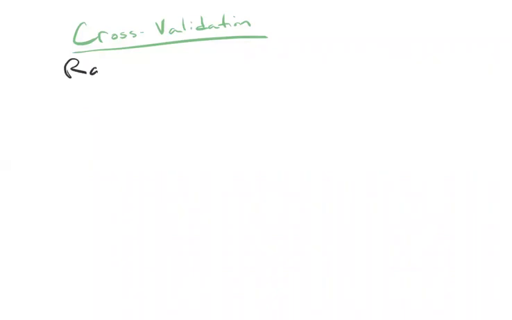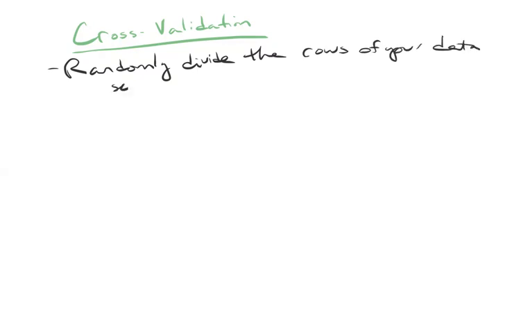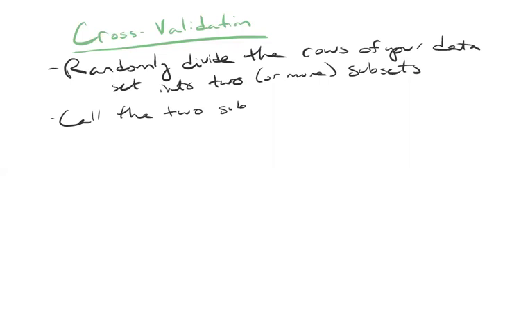You randomly divide the rows of your data set into 2 or more parts. Let's say 2 parts. It could be more. Let's call them subsets. Let's call the 2 subsets train and test.